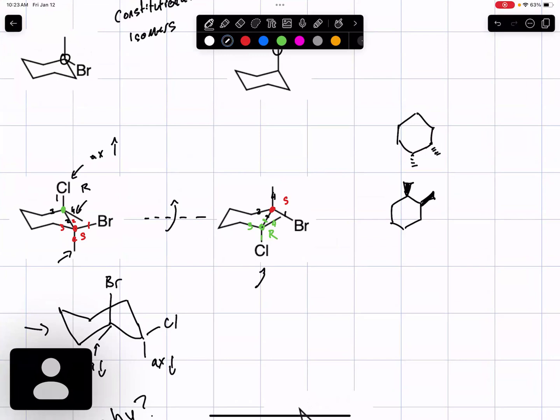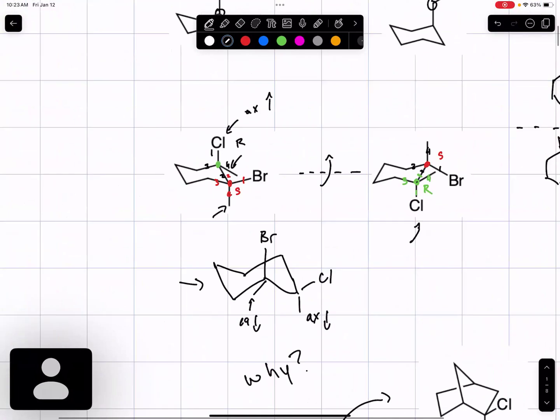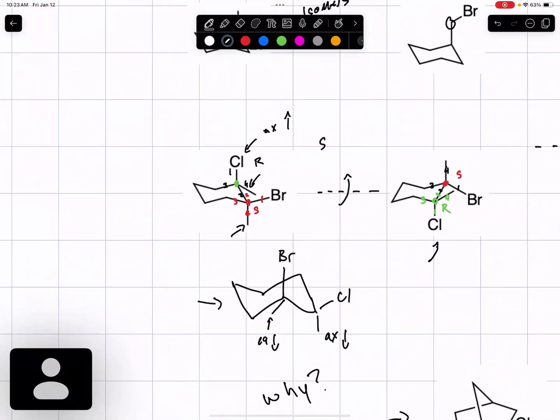What would it be? It's just a simple molecule flip, right? You're going to either look at this as flipping down or flipping up. Okay, so what would these be? This is the same compound. So would it be identical? Yes, it's the same compound.